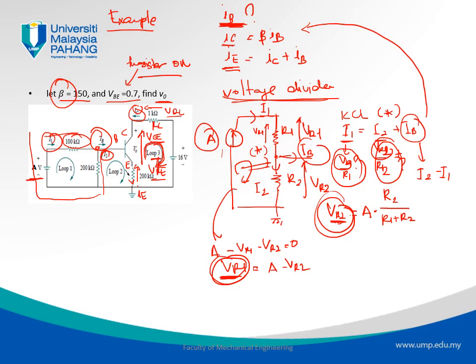Once you have found IB, go back here, calculate IC, calculate IE, and then once you have IC, IE and IB, we can write the KVL in loop 3 and find VCE. So I'll let you finish this part, right?